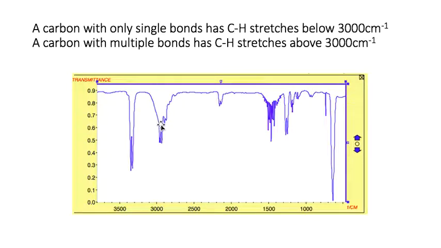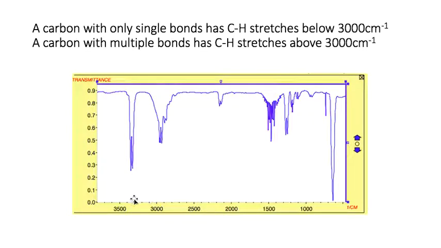So these peaks right here would be CH stretches, and it's very indicative that that's not from a carbon that's doubly or triply bonded. It's not from a carbon that's in a benzene ring. If it's got multiple bonds, then you're going to start seeing the CH stretches on this side of the 3,000. So this here is indicative of hydrogen stretching, but the carbon it's attached to is part of a multiple bond.